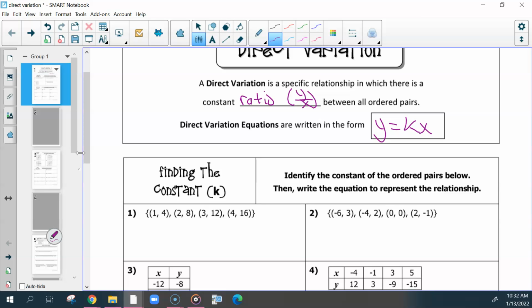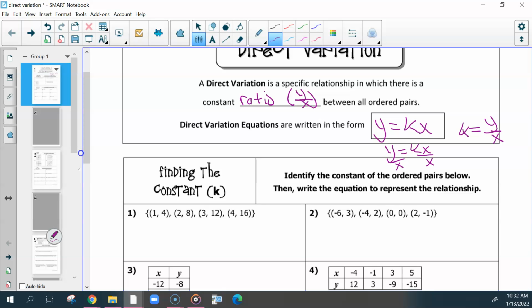So to find our constant k, I'm going to rewrite the equation so I can actually solve it. I would get rid of x by dividing on both sides. That's where that ratio comes from, that y over x. That is our k. That's how we find k, our constant of proportionality.